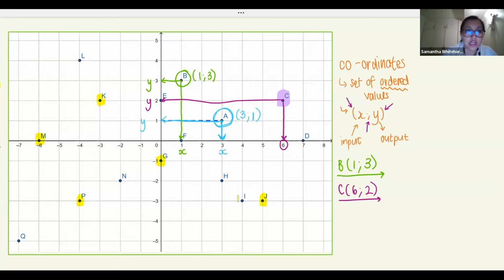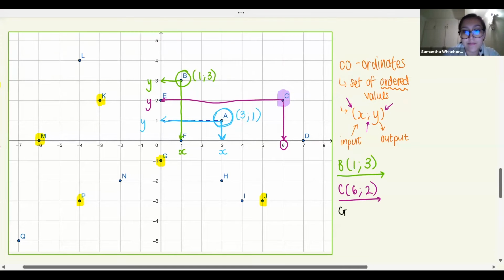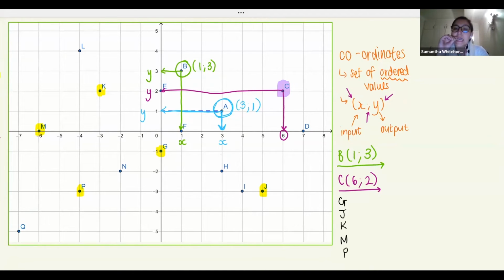I'll write a list down on the side because clearly I don't know my alphabet off by heart. So G, J, K, M, and P. Those are the coordinates I would like from you. I want you to put them in the chat. And remember, coordinates, X first and then Y.